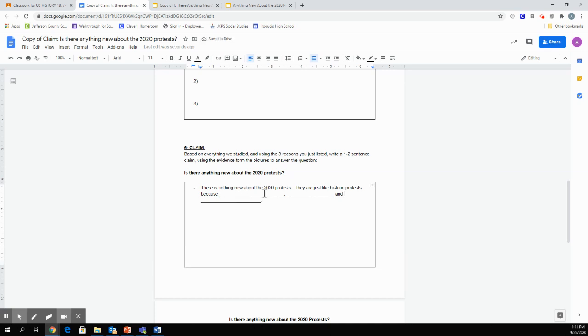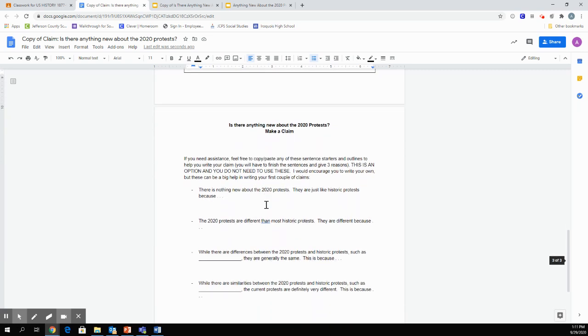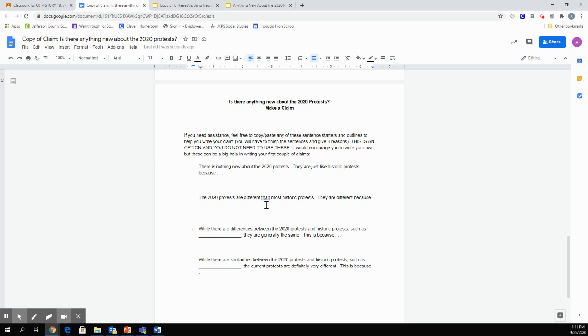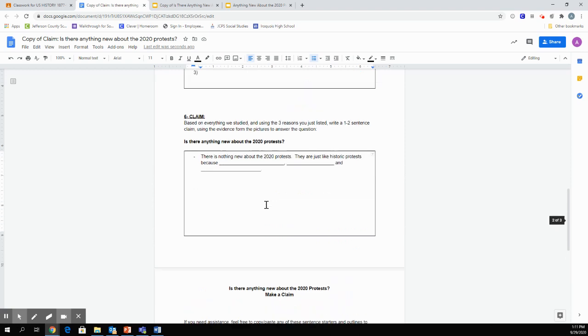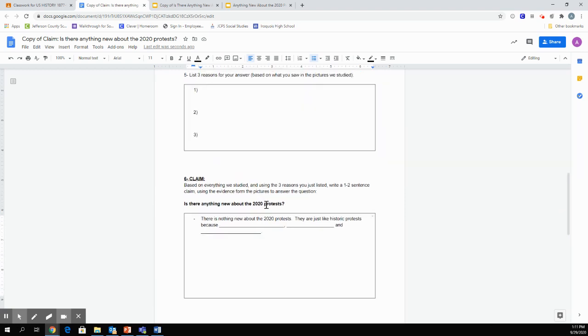Because marches always seem to occur because whatever, and because whatever. I'm not going to give you the answers. This is your writing. But you can use these sentence starters. Over time, I hope that you're not going to use them, but for now, I'm happy to let you use them. So that's the entire unit.